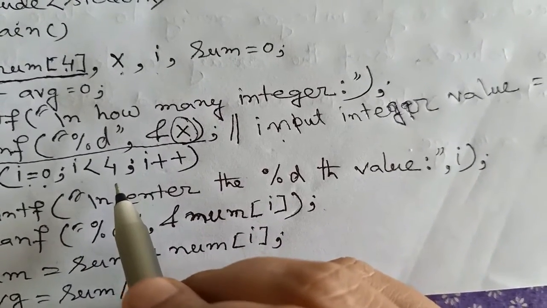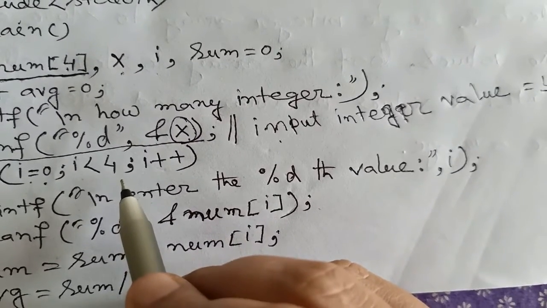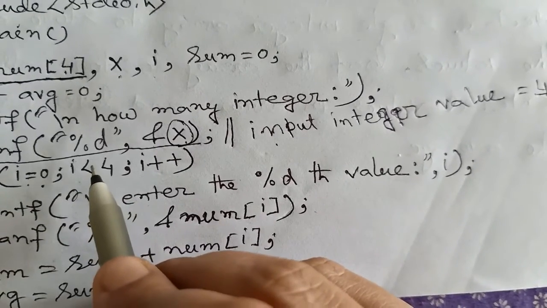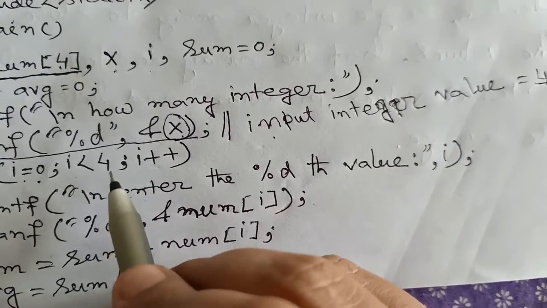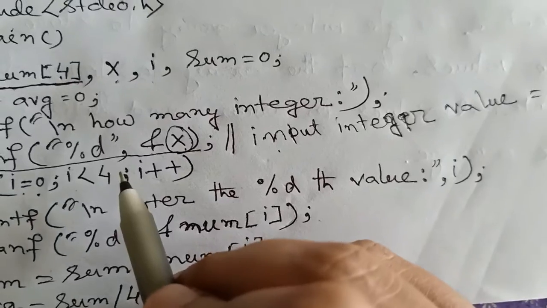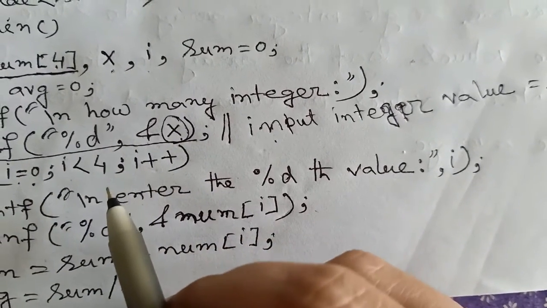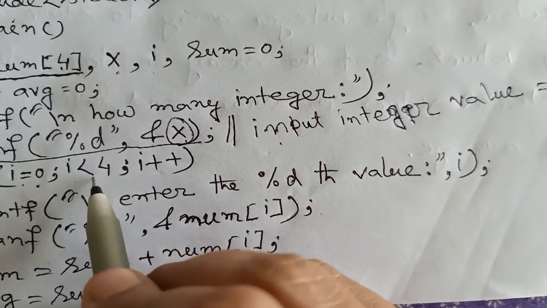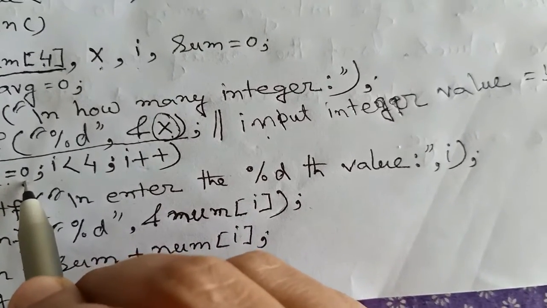Why is i less than 4? Because we are taking only 4 integer values. If we wrote less than or equal to 4, then we would be able to put 5 integer numbers, but the problem is we have to sum only 4 integer values. So that's why i is less than 4, because the index starts from 0.